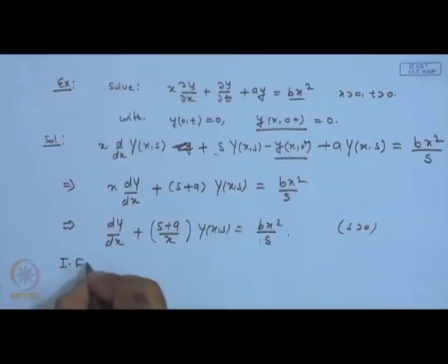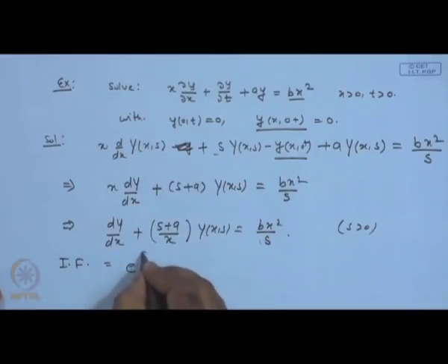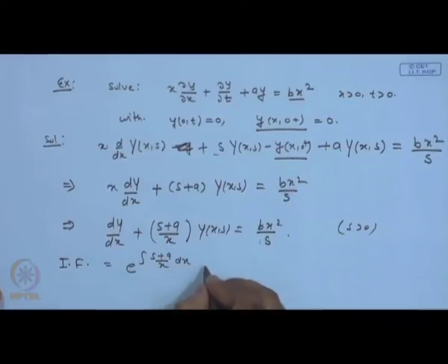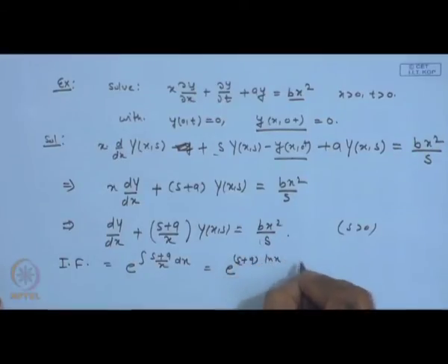We have the integrating factor in this case again, e to the power integral of (s plus a) over x dx. So, this will be e to the power (s plus a) ln x, which gives x to the power s plus a.